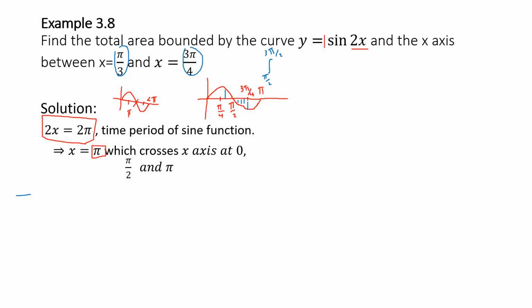So this is the area. Look, this total is pi. So if you divide this into 3 parts, so this is pi, so this becomes pi by 3.